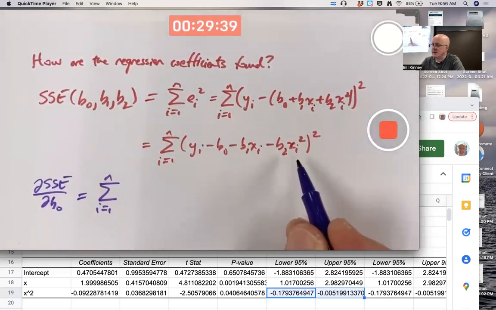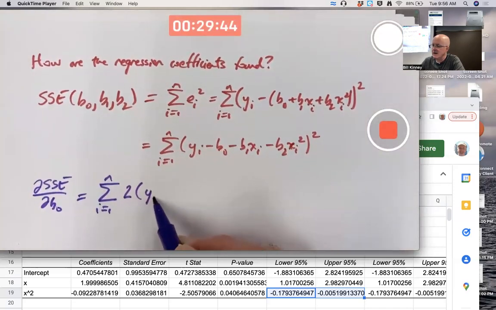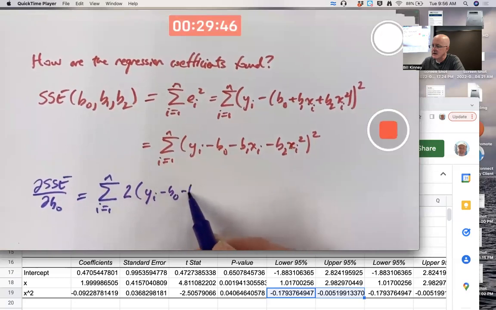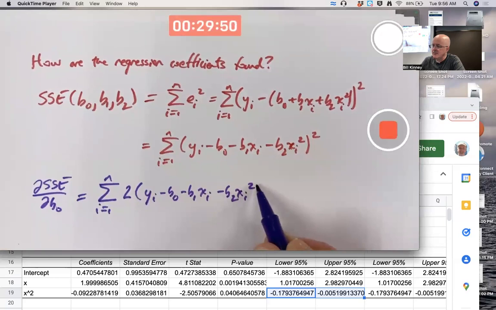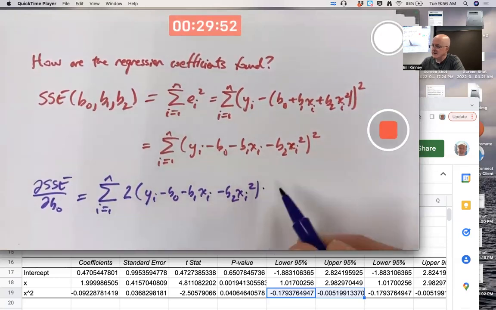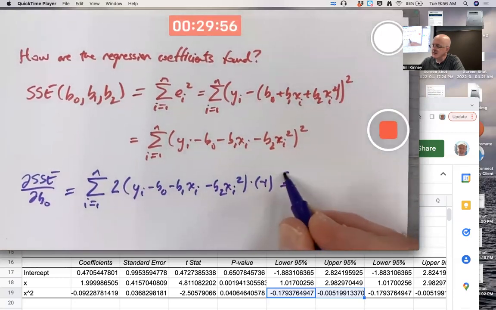Differentiate that with respect to B0. The chain rule can be used, bring the 2 down. Multiply times the derivative of B0 inside there, which is -1. I'm going to set that equal to 0.